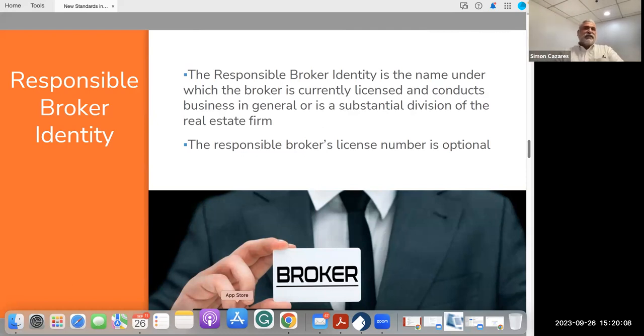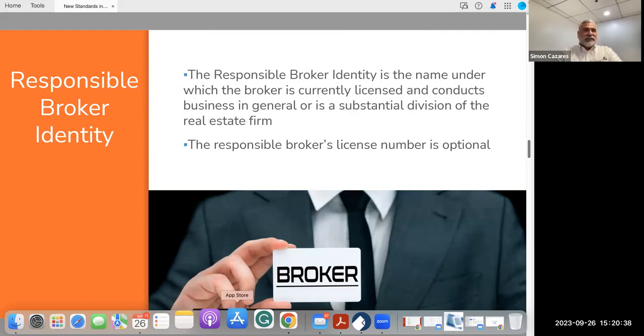Because we have different divisions and DBAs under the DRE. What it says is that you do not have to put the license number of the corporation. Most big firms, such as KW South Bay, have a corporation license, and that license authorizes on behalf to run a real estate company and have real estate sales associates and broker associates attached to that corporate license.